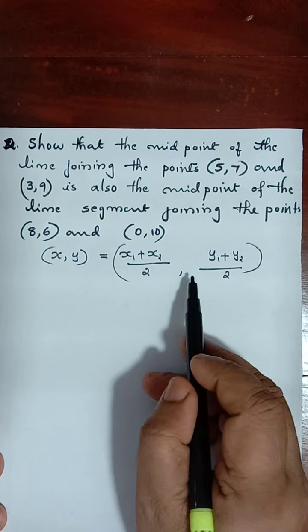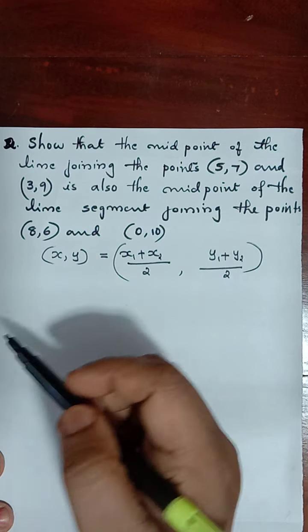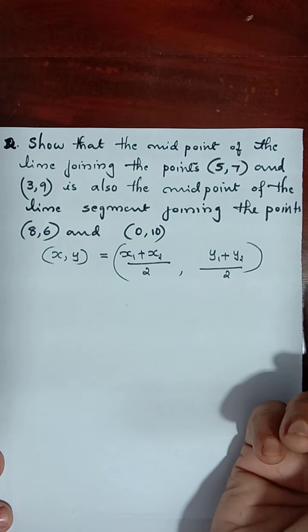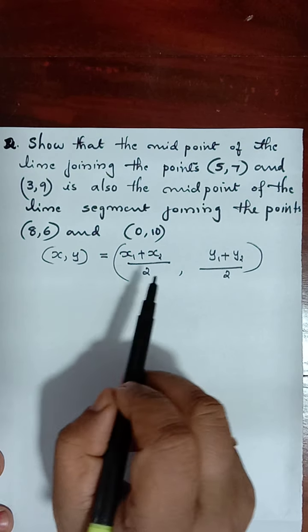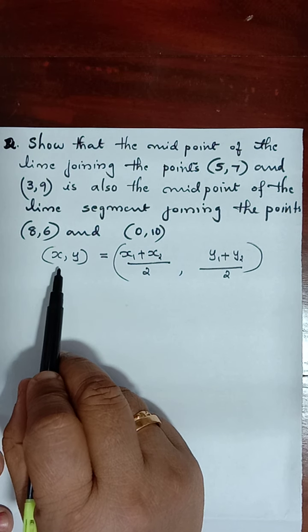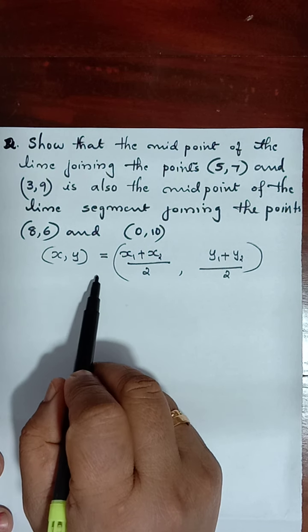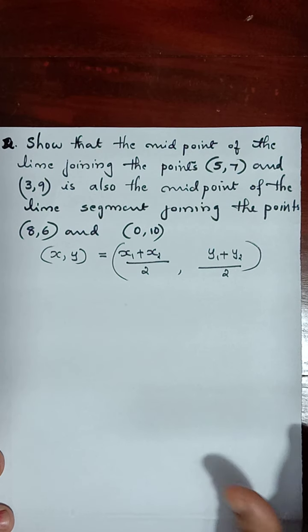It is derived from the section formula, in which m1 is to m2 is equal to 1 is to 1. By applying m1 and m2 as 1, we get the midpoint formula: x1 plus x2 by 2 and y1 plus y2 by 2.